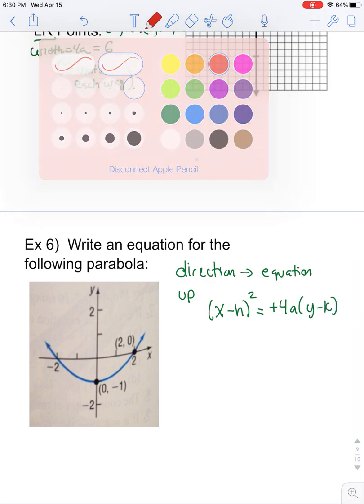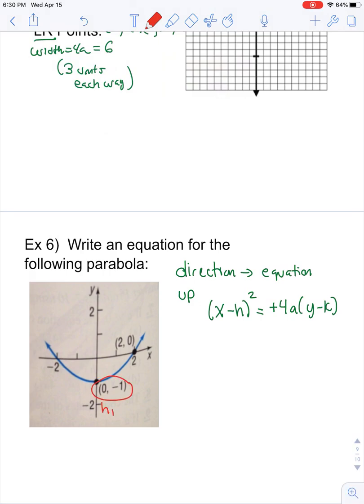Then we can identify our vertex, and we can plug that in for h and k. So my h value is 0, (x - 0) squared, and my k value is -1, and when I subtract a -1, I can write that as y + 1. So now my equation looks like this.